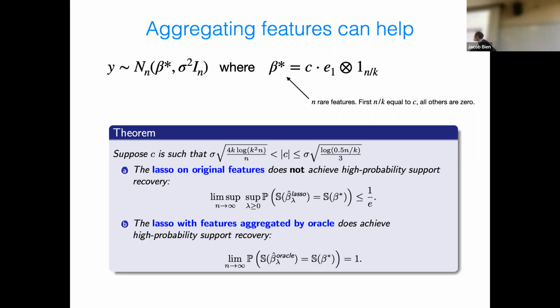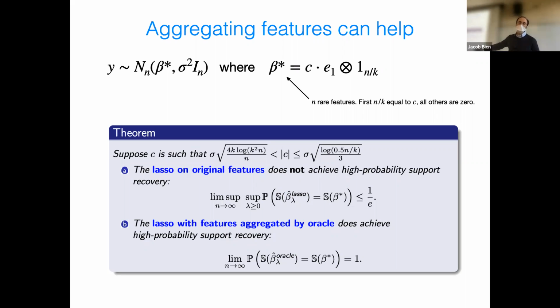And then the good news is, if you could have an oracle, an aggregation oracle that tells you, oh, these are the K groups. You have P features, but actually there are K groups, and this is what they are. And now you want to do the lasso on that problem. Well, then you can do well. And so we show that there's a range of signal strength where both of these are true.